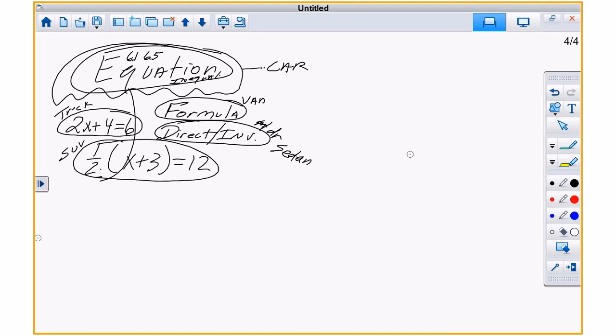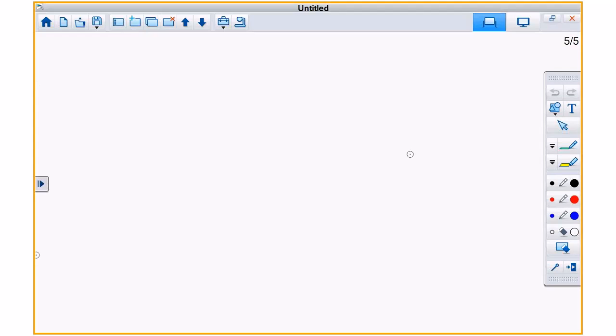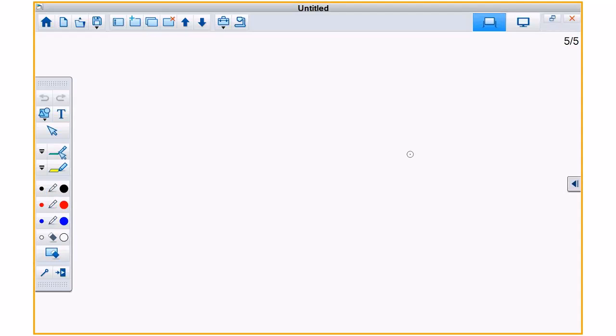So we're going to be working with these two types of equations. Now, when you're dealing with a formula, there's two ways to deal with a formula. There's plug and chug, and then there is solve for a variable.